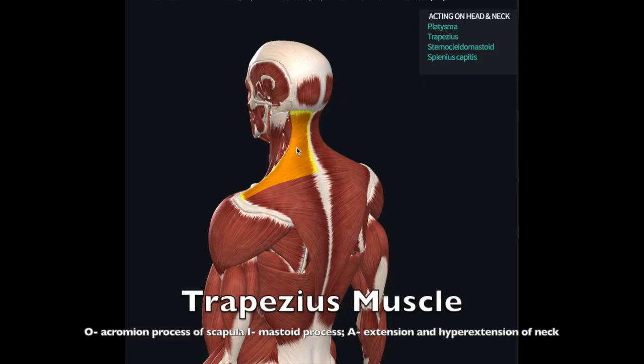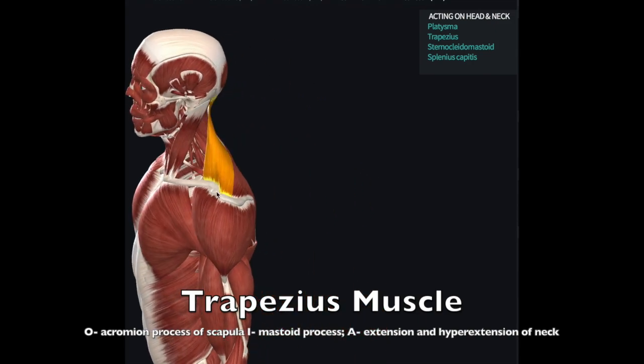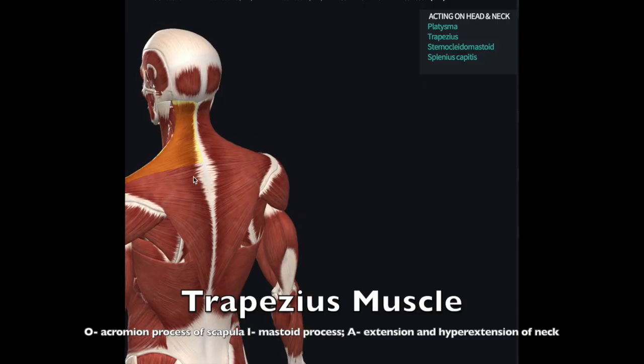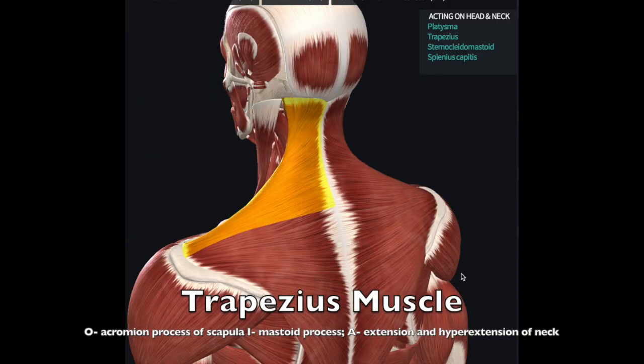We're going to take a look at the trapezius muscle, which is on the posterior side of our neck. It's technically a much larger muscle. It comprises all of this here, but we're going to look at just the upper portion because it'll have more to do with the movement of our neck. This particular muscle will have its origins on the acromion process of the scapula as well as the acromial end of the clavicle, and its insertion is on the occipital bone of the skull.